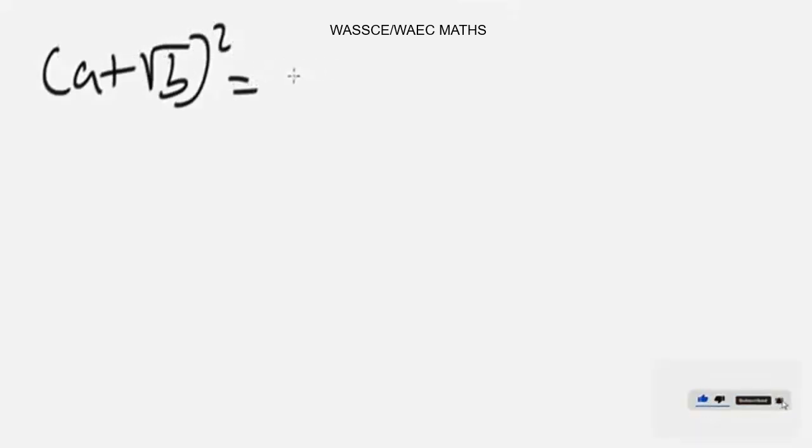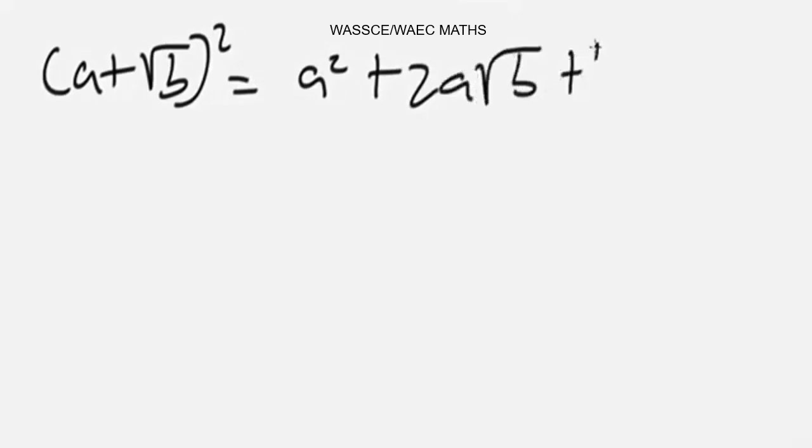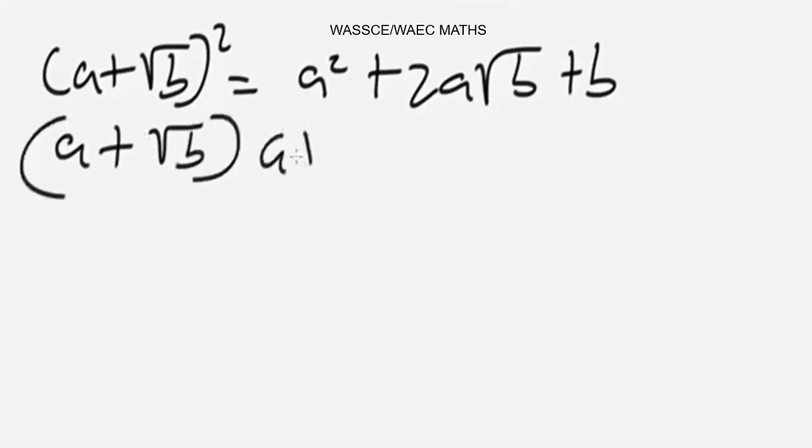Okay, now this thing is the same thing as A square plus 2A square root of B plus B. Now let me show you how we got this, just like we did in factorization of algebraic expressions that involve difference of two squares. Okay, now if we break this down, A plus square root of B, A plus square root of B. So this is what it means.